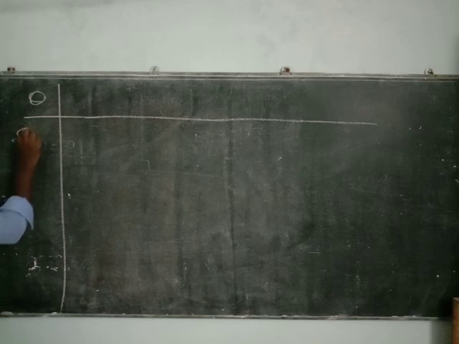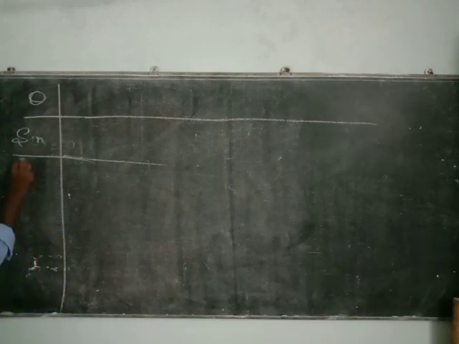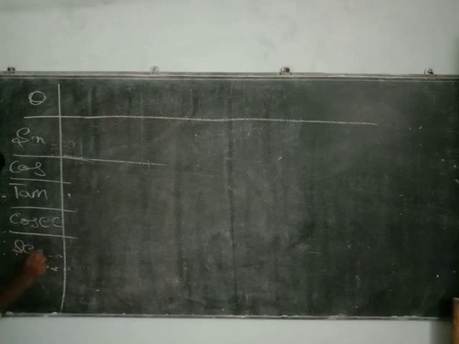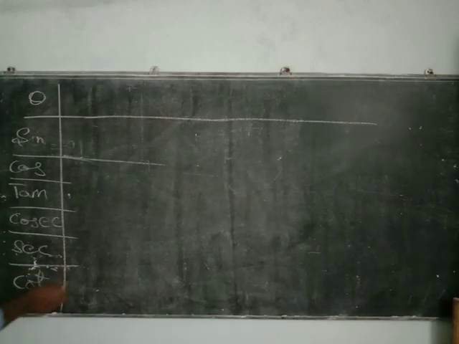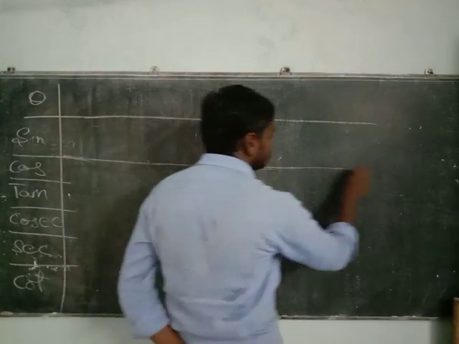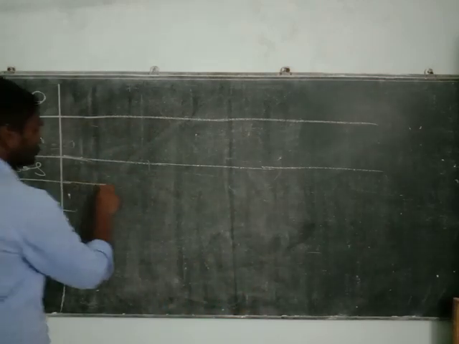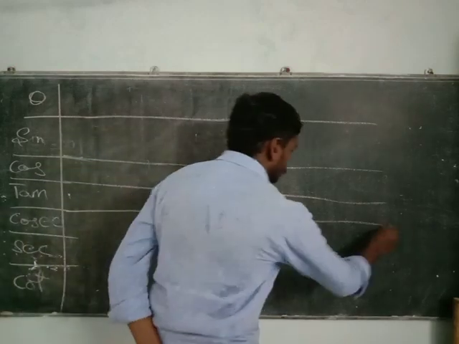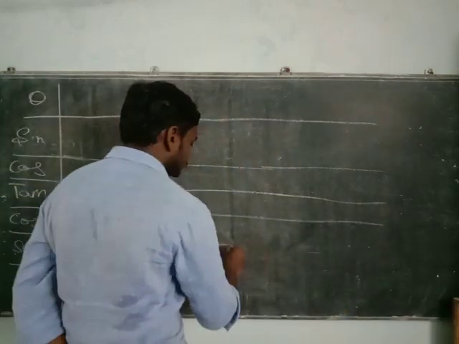So let me take sine, cos, tan, cosecant, secant, and cot. So these are the most important values that you have to remember. This table is very important, and I will also say the basic and simplest method to remember these.